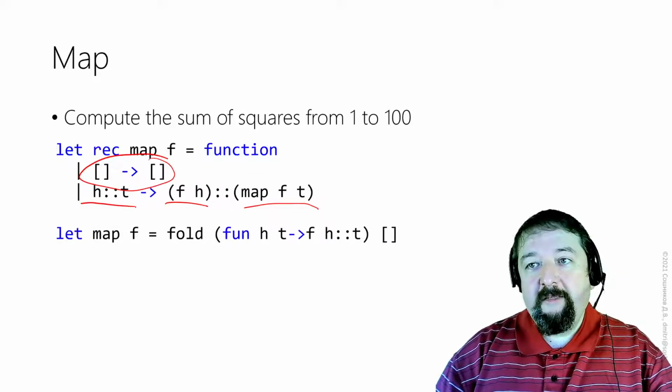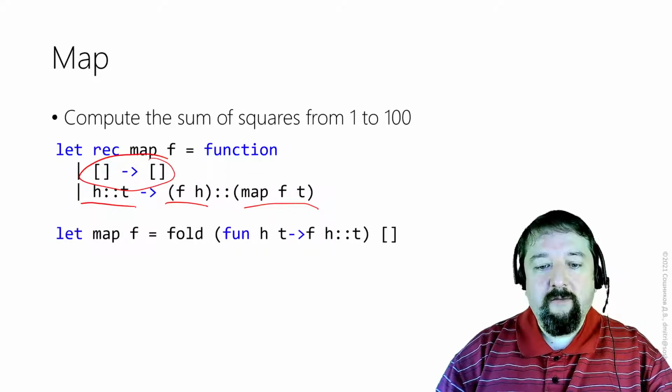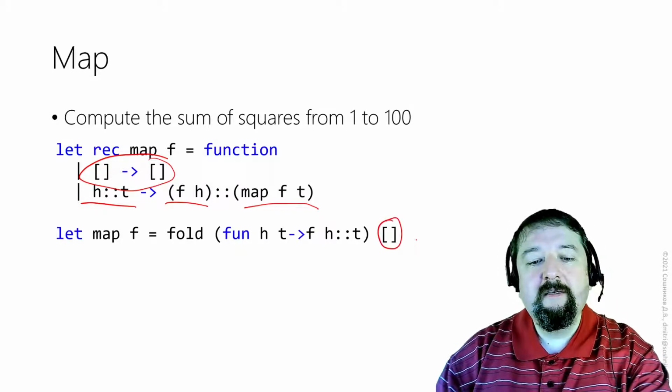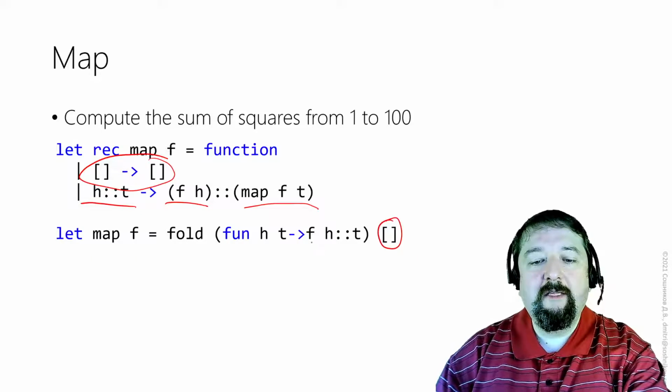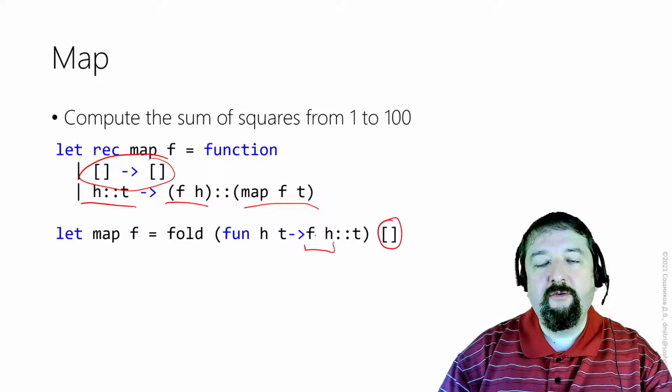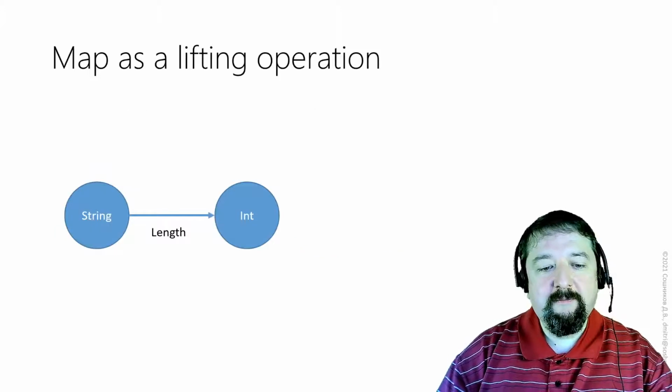Map can also be defined in terms of fold, because as we mentioned, in fold, the accumulator doesn't have to be simple. The accumulator can be another list, in which case we would take the list element by element, and we would append f of h to the beginning of this list.